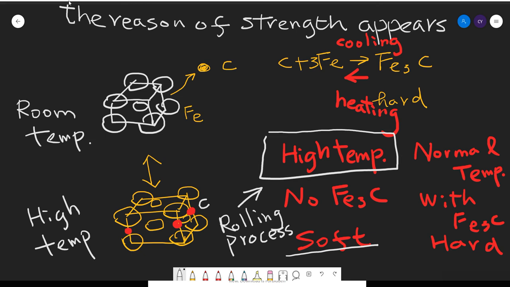In this case, no Fe3C, and in this case, with Fe3C. That is why we say in high temperature it is very, very soft, and at normal temperature it is hard, because we have Fe3C inside the material.